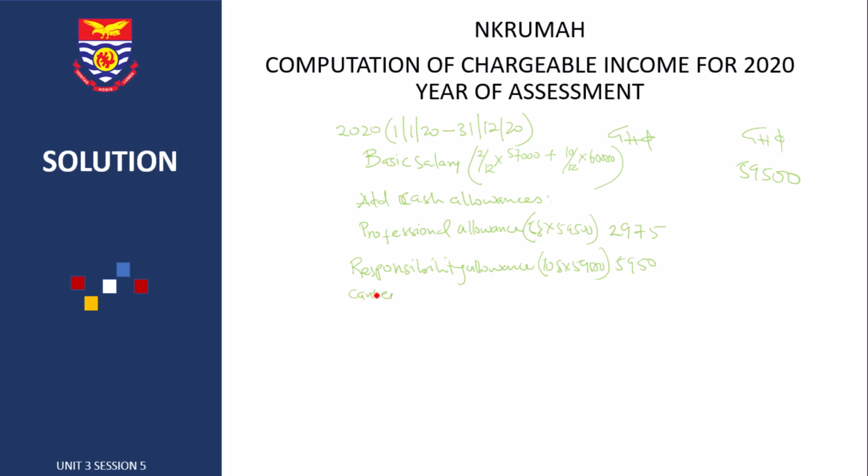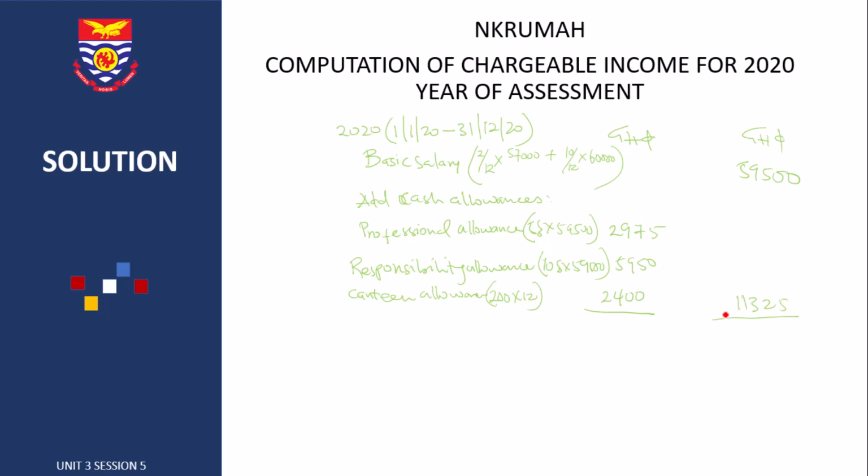We're also told that she receives canteen allowance, which is 200 Ghana cedis per month. So this is an annual computation. We have 200 times 12, and this is giving us 2,400. We get our total to be 11,325.